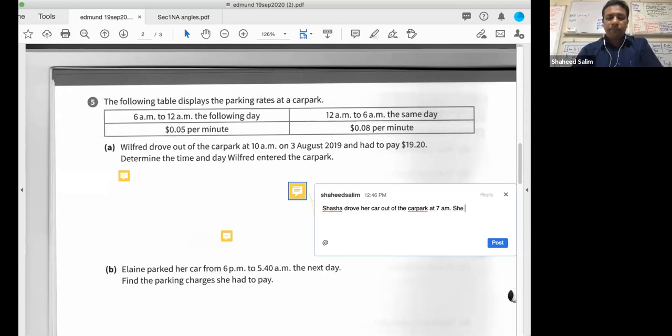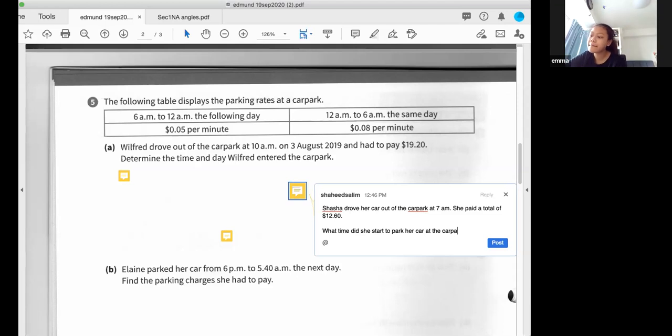Okay, she paid a total of $12.60. Question: what time did she enter the car park? You try now. You can do this, Emma.